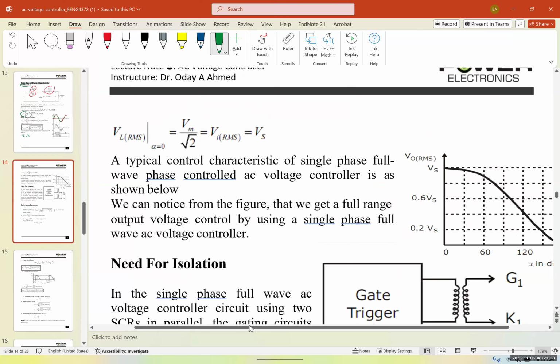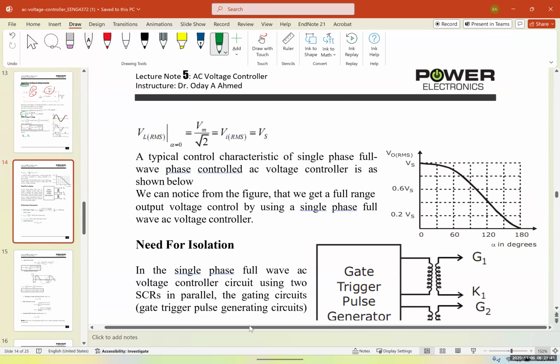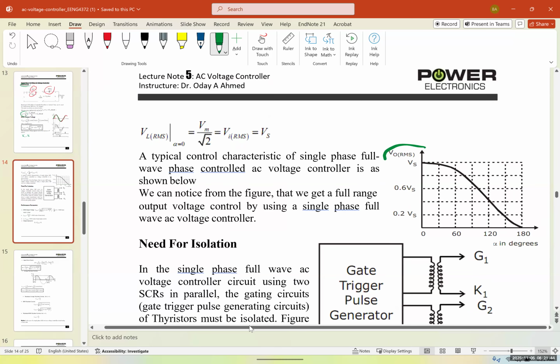Now, as mentioned before, VL RMS, if alpha is equal to 0, is going to be Vm over square root of 2 or Vs, as we showed before. And you can see the benefit of this system is that the output RMS oscillates between Vs and what? And 0.